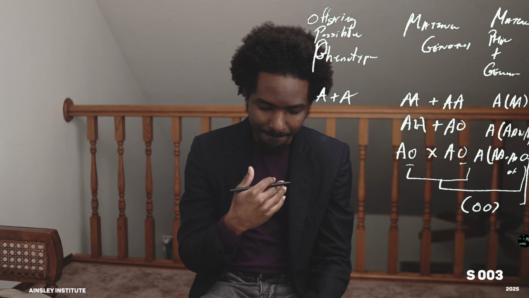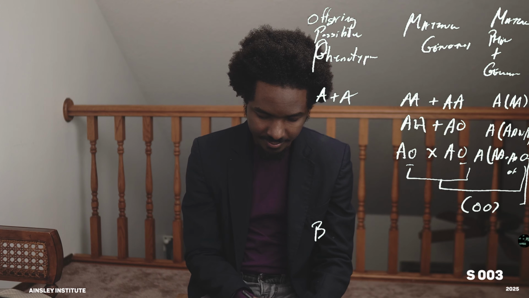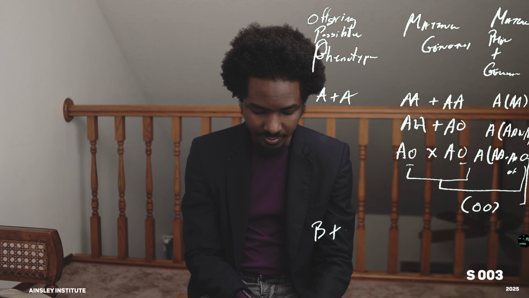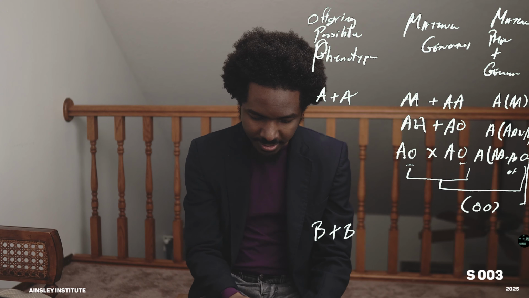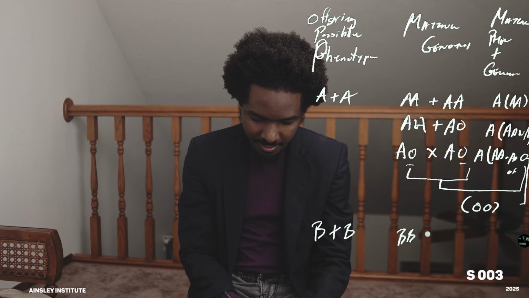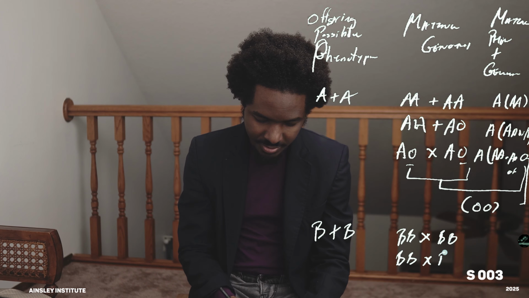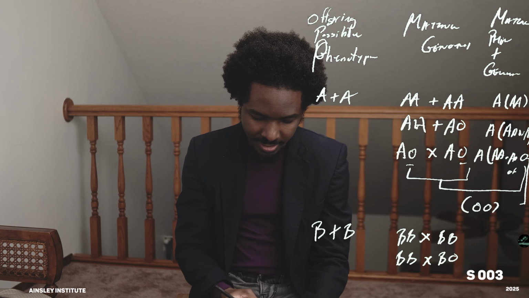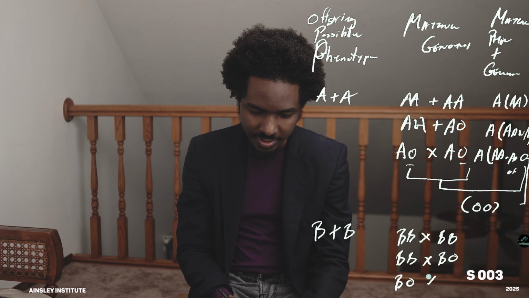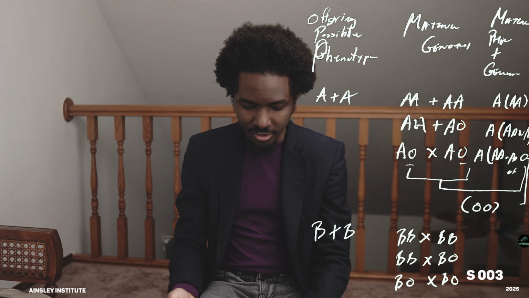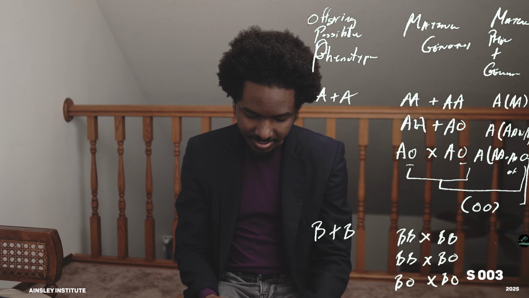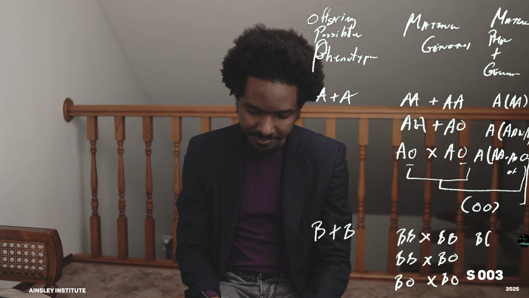If a person is B, multiplied by B, we're expecting the same: BB times BB, then BB times BO, and then BO times BO, and the breakdown is the same. This person would be B, so you'll have BB.